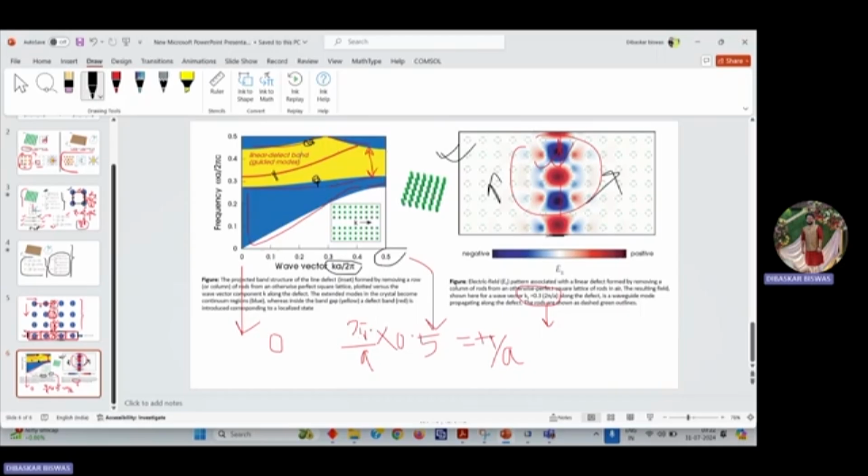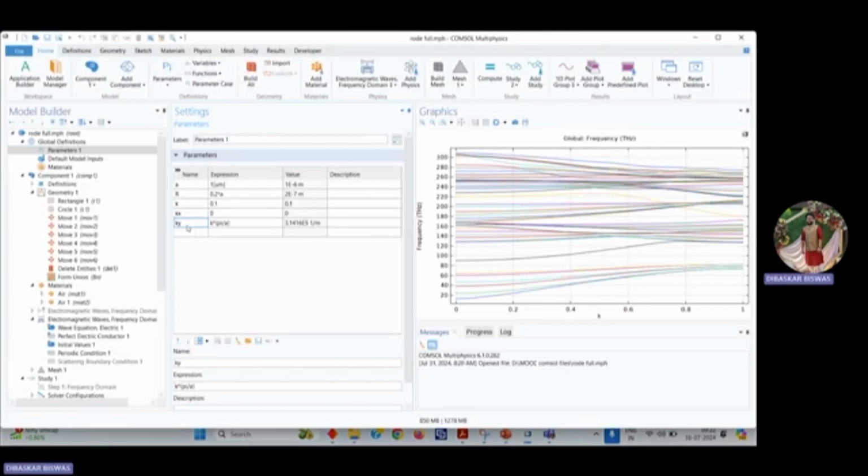So 2 pi by a into 0.5 gives pi by a. So your maximum limit is pi by a and your lowest limit is 0. So k is actually spanning from 0 to pi by a. That is your ky. Accordingly you mention ky as k into pi by a, and you sweep k from 0 to 1.